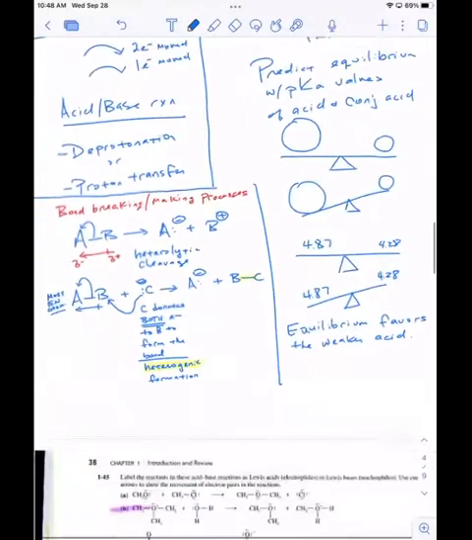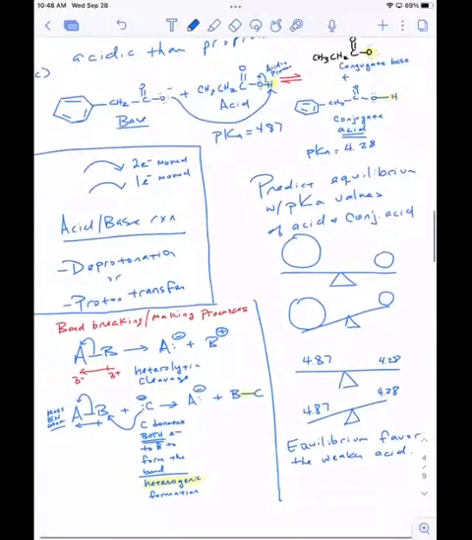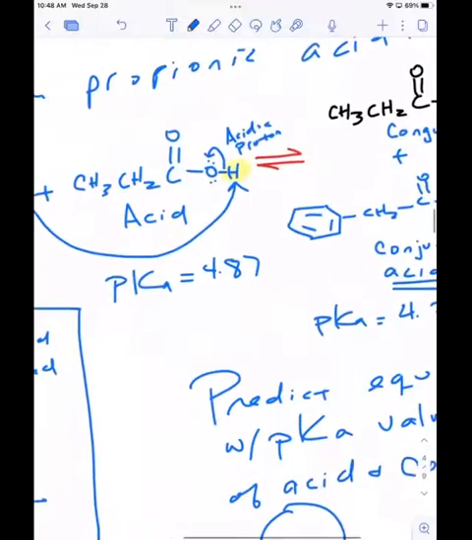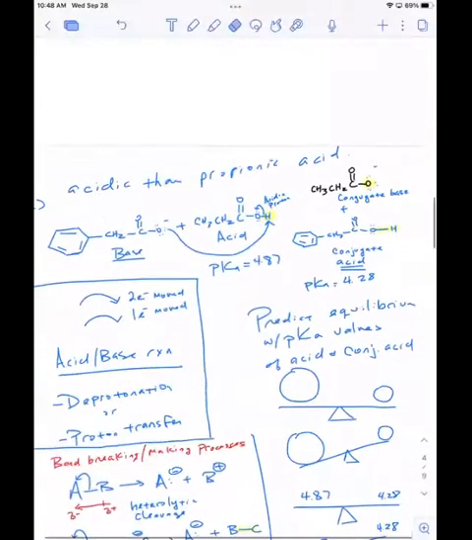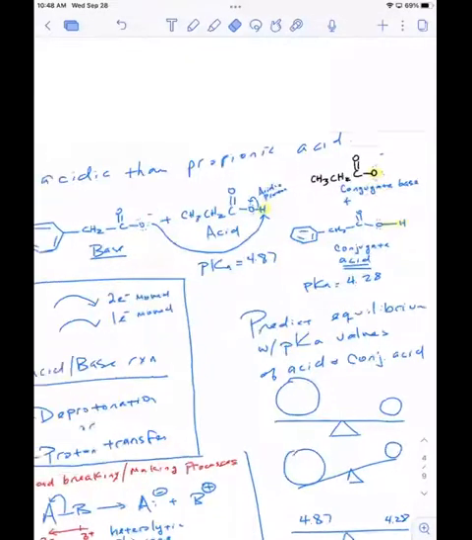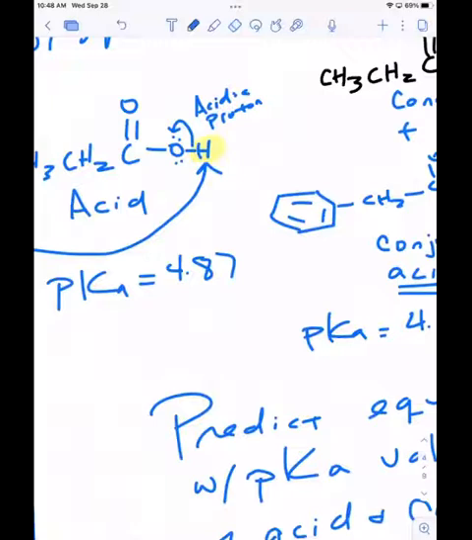So up here, when I put the equilibrium arrows in, they won't be equivalent. If the weaker acid is in the reactants, then the equilibrium arrows that I use are going to indicate that. So there'll be a bigger arrow coming this way and a smaller arrow going that way.